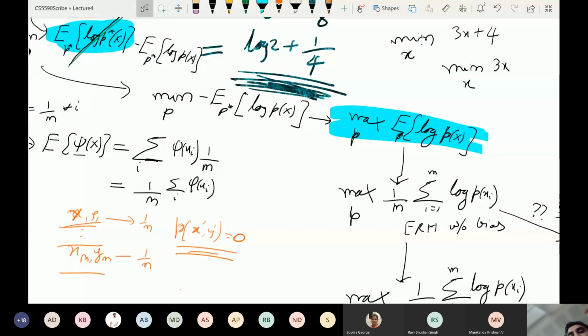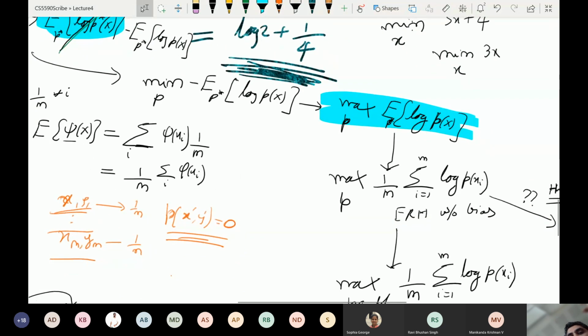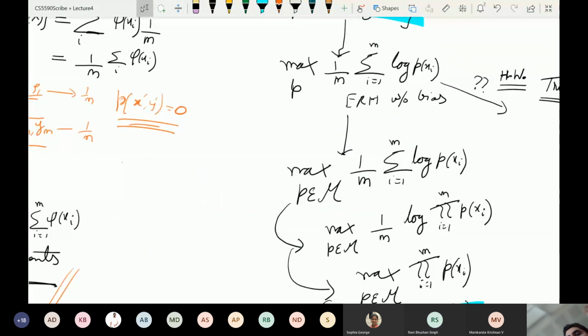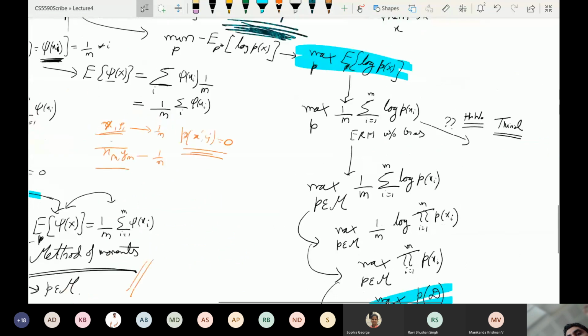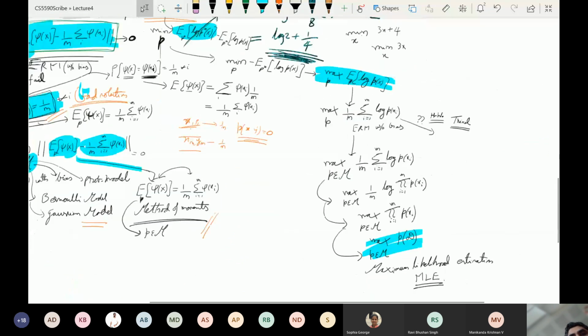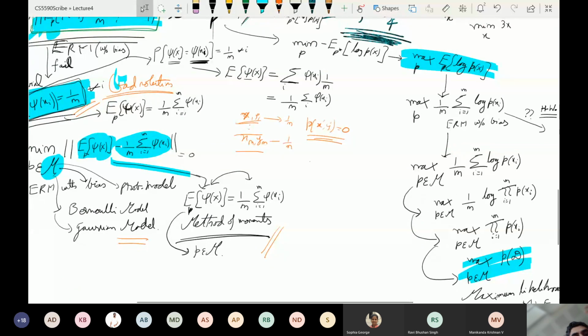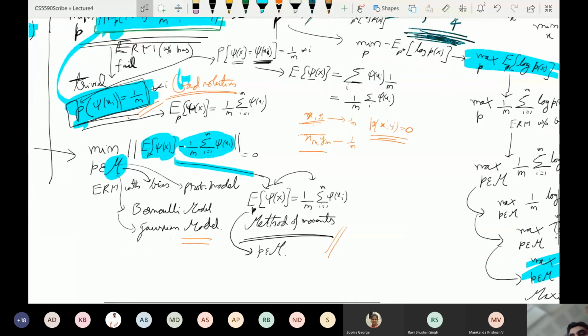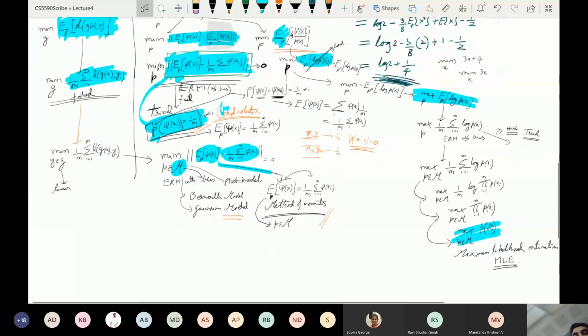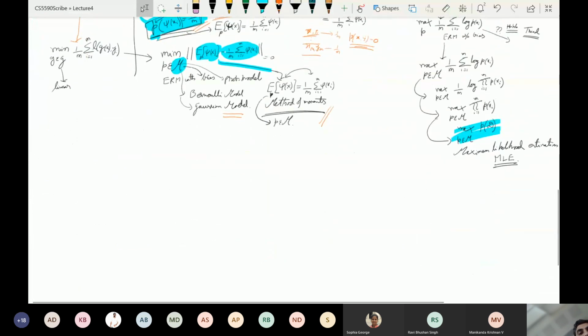Okay. So is this clear? Any other doubts, please? So to summarize, now we have 3 methods.